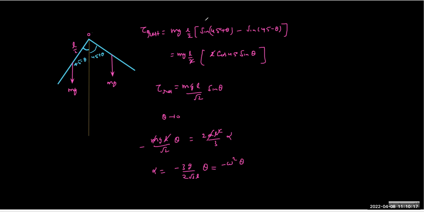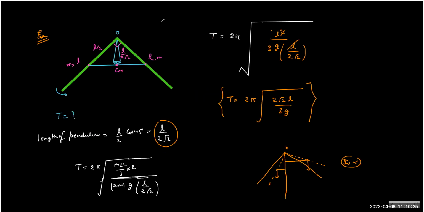I didn't understand why it is 45 plus theta. In the beginning, what was the angle between the vertical line and the rod? This is 45, this is 45. So if I tilt slightly this way, yes, sir, understood.